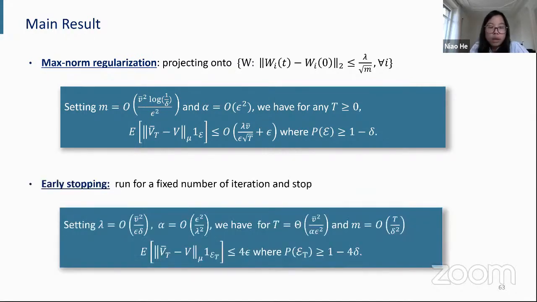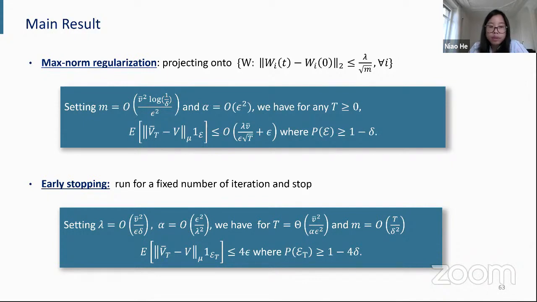The other result we have is that if we don't do any regularization, if we don't enforce your weight matrix to be within the proximity of W0, your initial point, then we've shown that we can still get global convergence to the true value function as long as you stop early. That is, you just stop your algorithm after a fixed number of iterations t, roughly of order 1 over epsilon square times alpha.